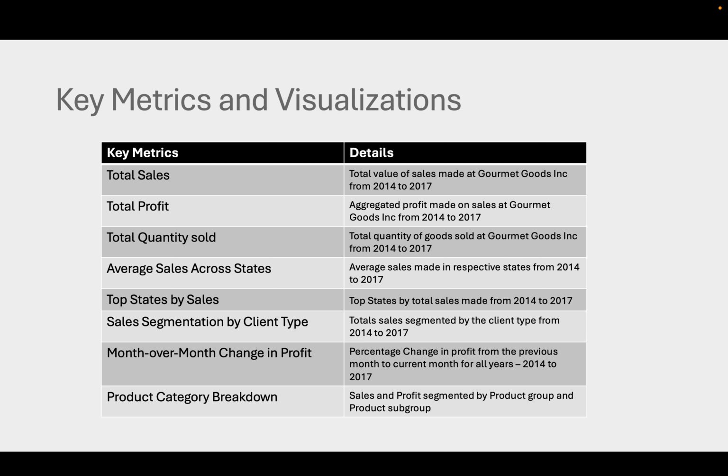And total profit is different from sales. Sales is the amount that you get in terms of the sale of that product. So for example, I would say pencil, I sell it for $10. $10 is my sale dollar amount.